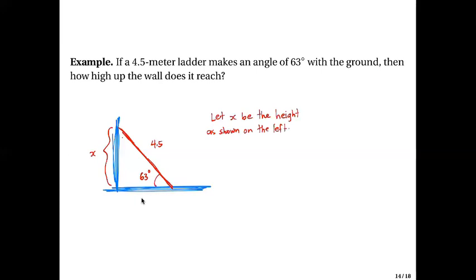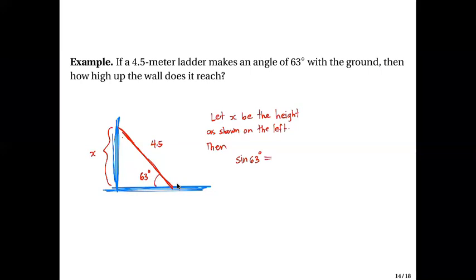Okay. Then we have the angle here, we have the opposite side, and we have the hypotenuse. Opposite, hypotenuse, we have sine 63 degrees.